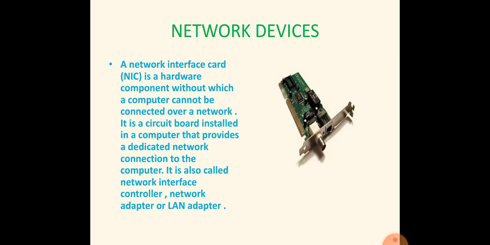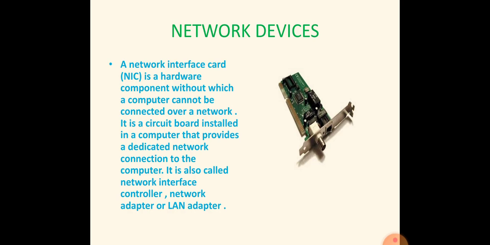The next one is the network device. Now, this is a LAN card. Basically, this NIC card is attached to the computer to enable it to communicate over the network. The NIC has a ROM chip that contains a unique number, which is the hardware address called the MAC address, and this is also responsible for the IP address of the computer.